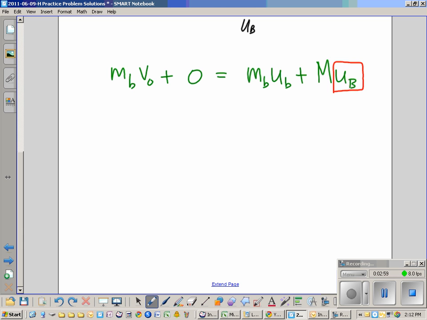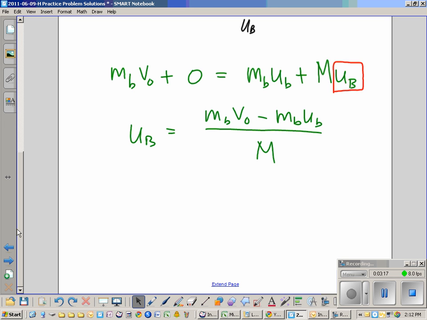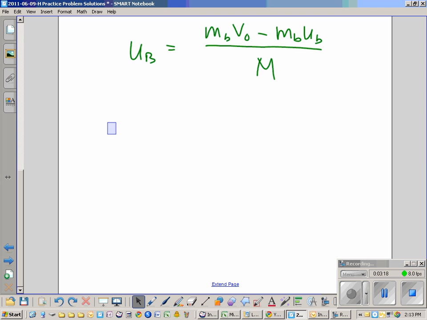So now it's a little bit of algebra: u for the block is equal to m_b v naught minus m_b u_b, all over big M.